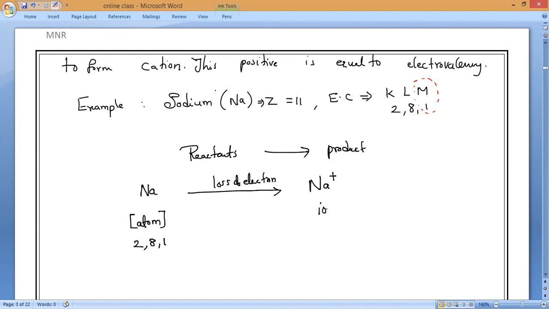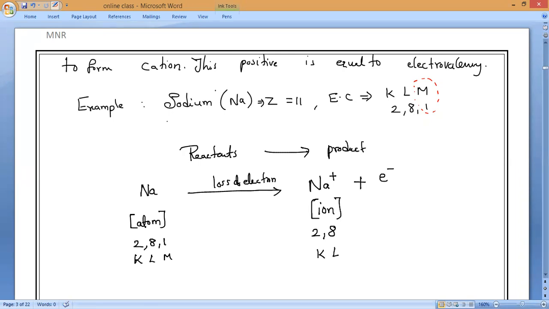How many electrons will it lose? One electron. One electron is gone, so what is the electronic configuration of this one? K and L remain: 2, 8.